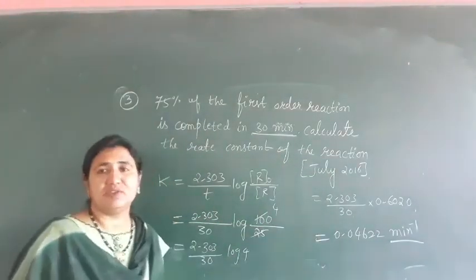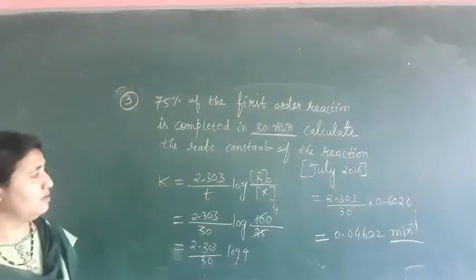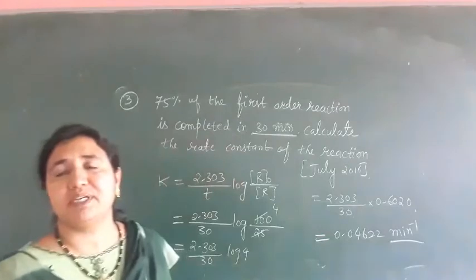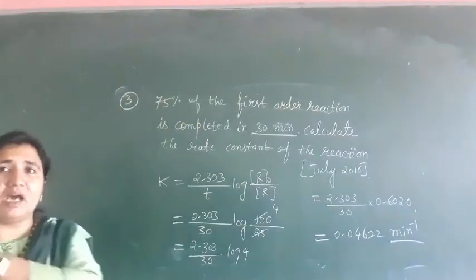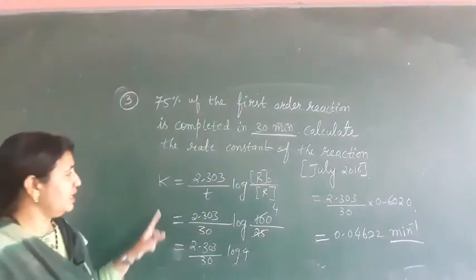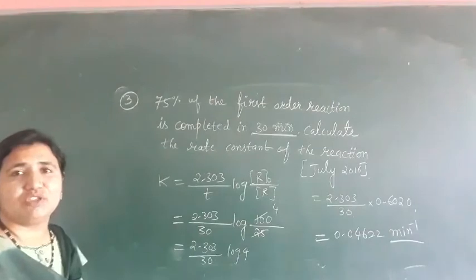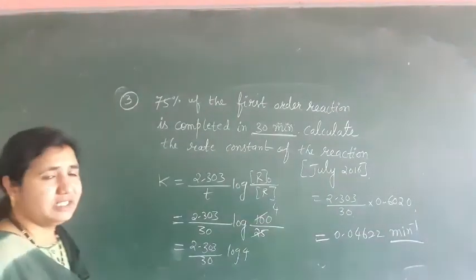So our answer's unit will be per minute. For first order reactions, the rate constant unit is per second, per minute, or per hour, so it is the inverse of time. This question was asked in July 2016. Note down this one.